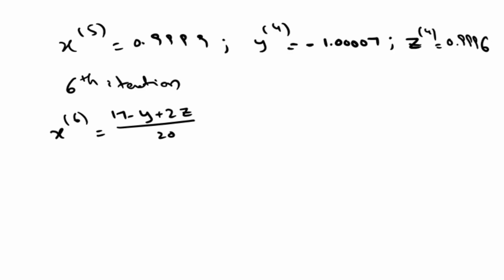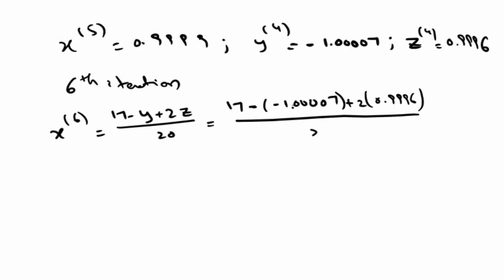By considering these values, you can find 17 minus of minus 1 point, plus 2 into 0.96 divided by 20. It will give us a value of 0.